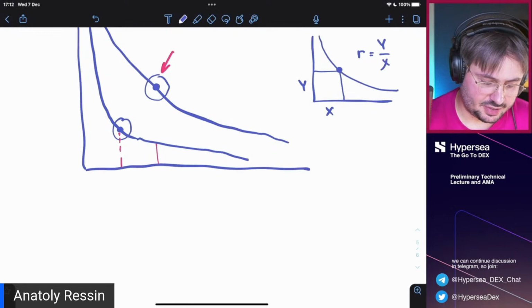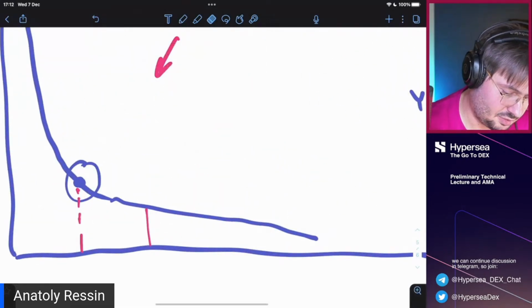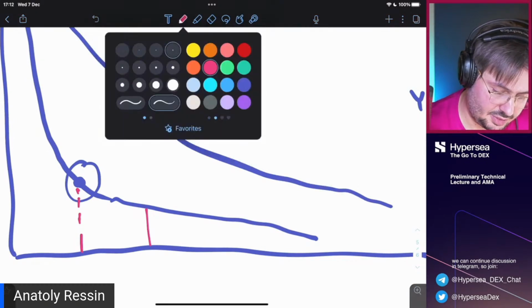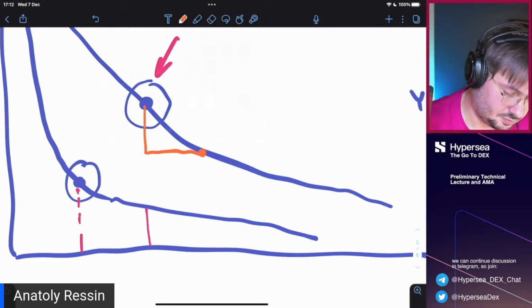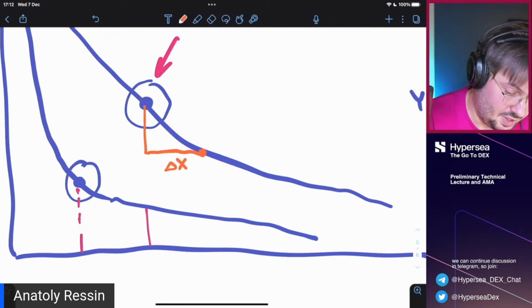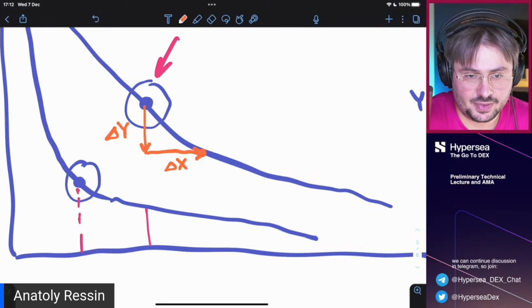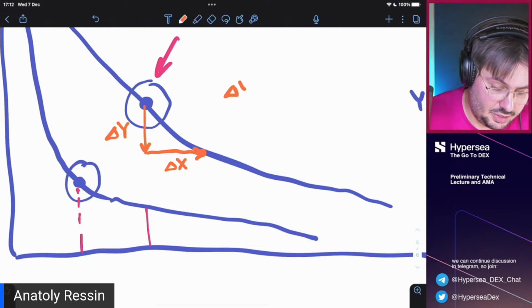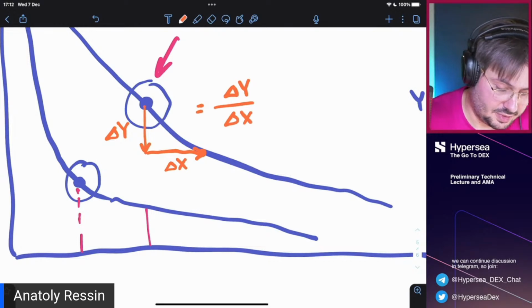Actually, the price itself is the limit. So, for example, if you are purchasing this amount, this is dx, and you are paying this amount of dy, then dy divided by dx is equal to r.